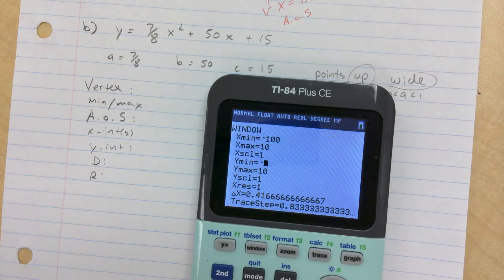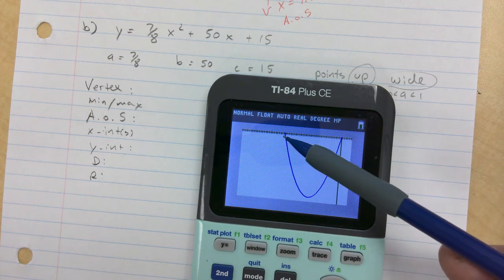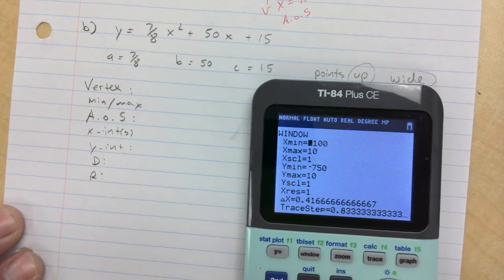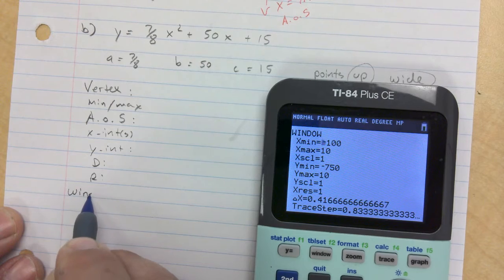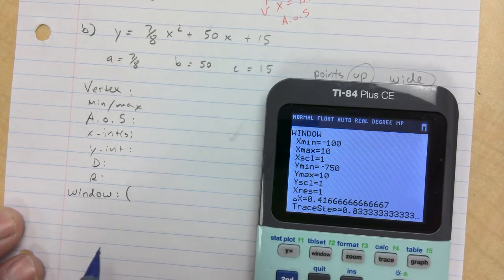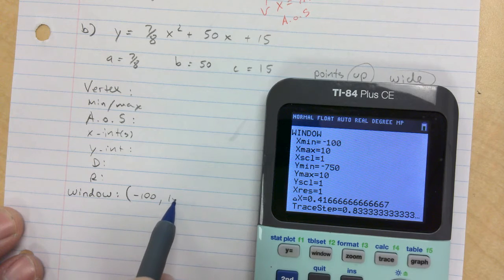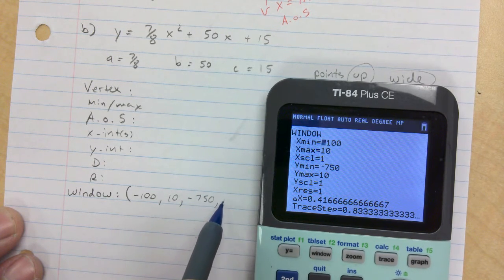And I'm going to go negative 750 or something like that. And there it is. So if you're lost with my window, I'm going to write it down here. Negative 100 to 10, negative 750 to 10.